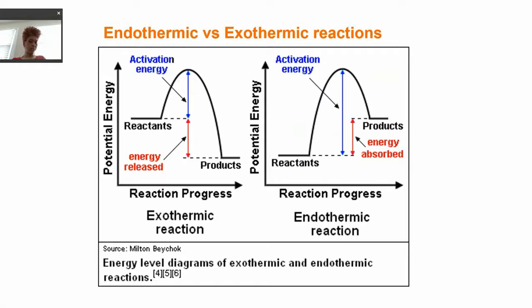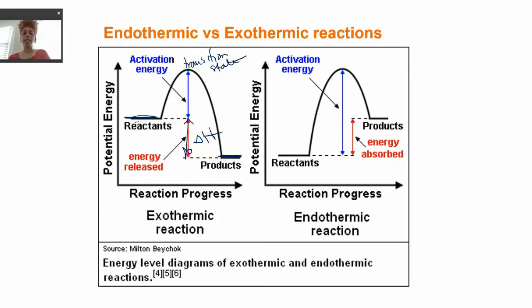So let's take a look at the difference between an exothermic and an endothermic reaction. For an exothermic reaction, notice that our reactants have a higher potential energy than our products, and the energy that is released, or delta H, is the difference between our products and our reactants. The activation energy is going to be the difference between our reactants and our transition state. Okay?